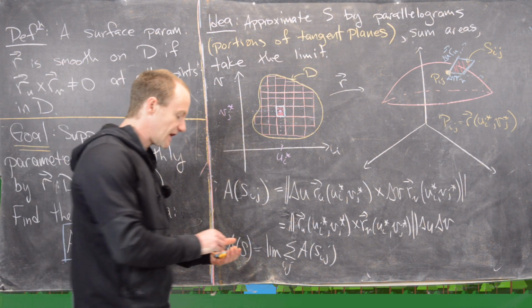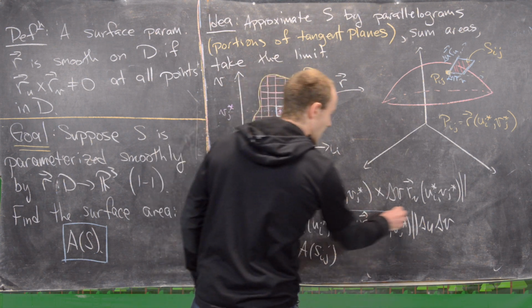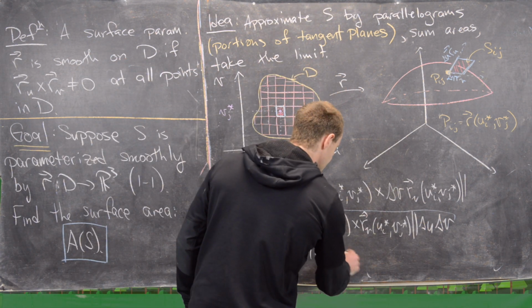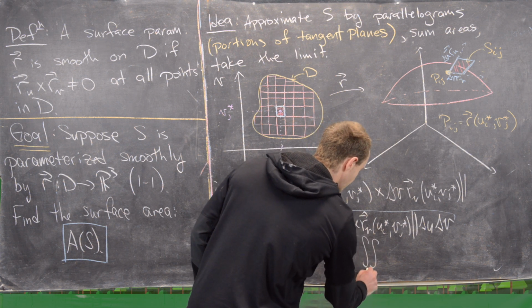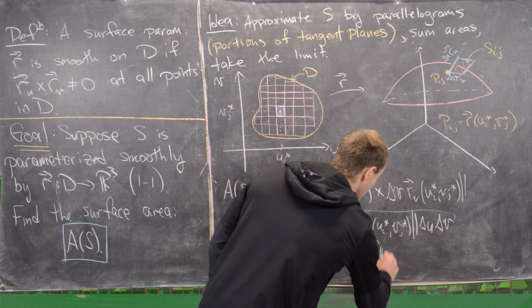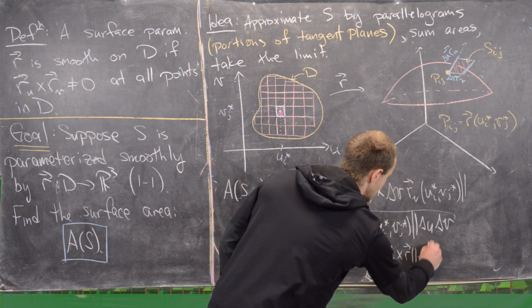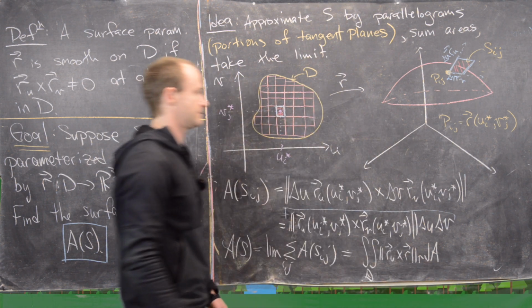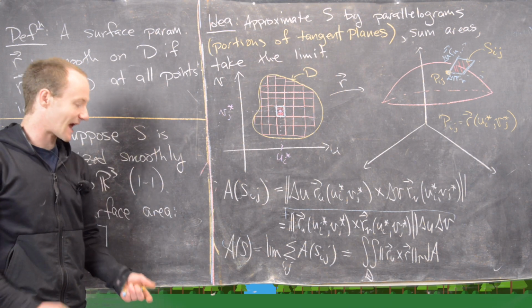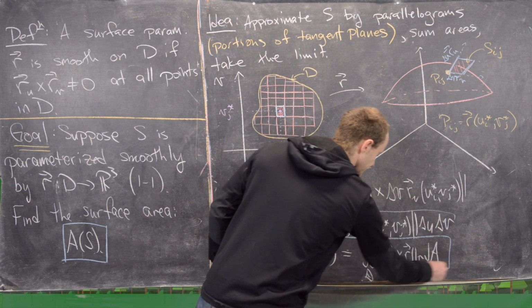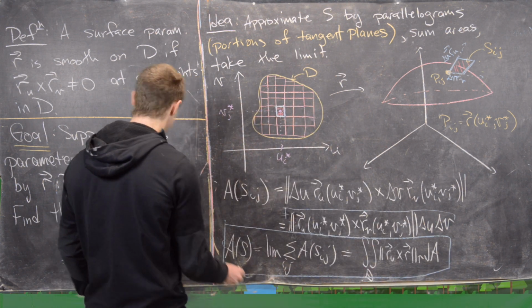But now, looking at the shape of this, it's pretty obvious that this is going to give us exactly the double integral over D of the magnitude of r_u cross r_v dA. Okay, and that's exactly what we get. So this is our surface area formula.